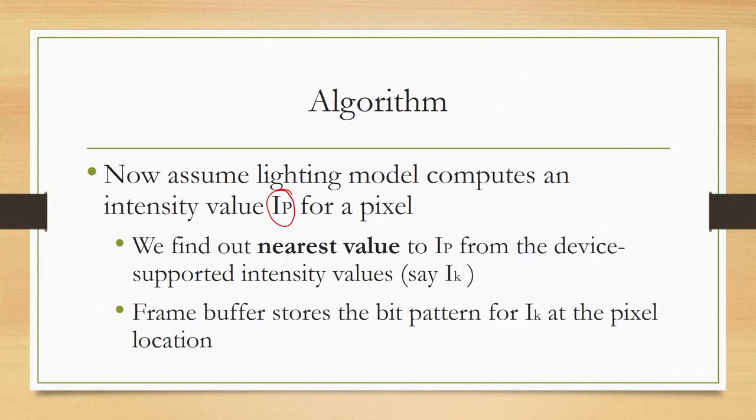Now, we will maintain a table. In the table, we will maintain the intensity values supported by the device, which we compute using the earlier equation. So, that is I 0 which we get with photometer, I 1, I 2 in this way to I n.